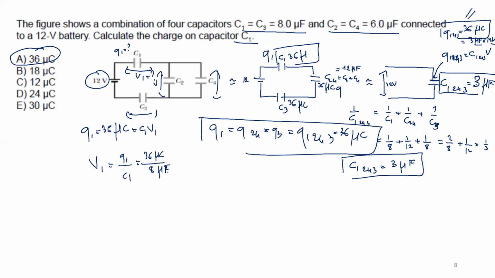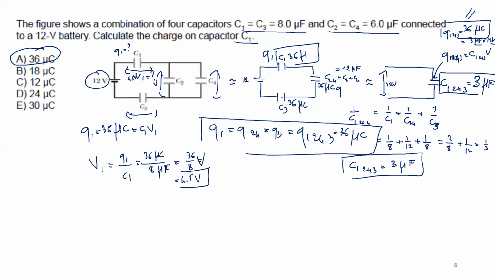It will give you 36 divided by 8, so 4.5 volt. Good. So here you have 4.5 volt.